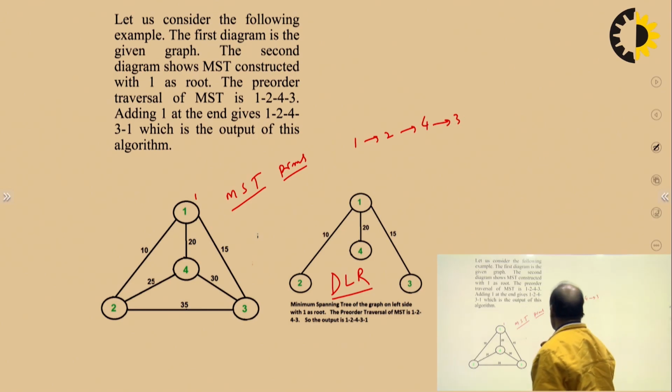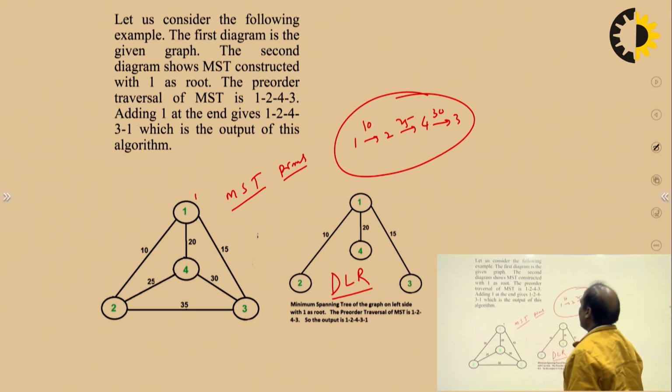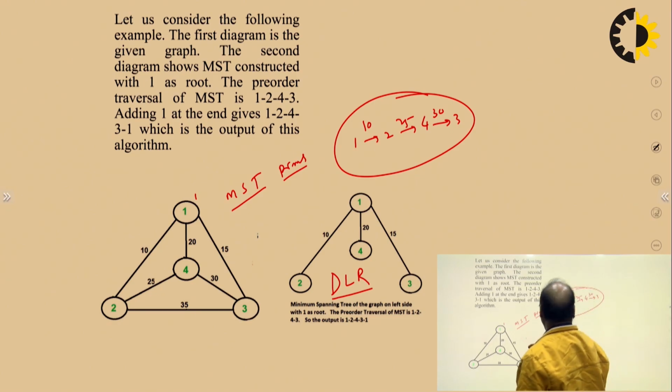This is the cost. So 1 to 2 is 10, then 2 to 4 is 25, 4 to 3 is 30. You can convert this into a binary tree, right? Remember, you may not get the optimal solution, but it will be a near optimal solution.